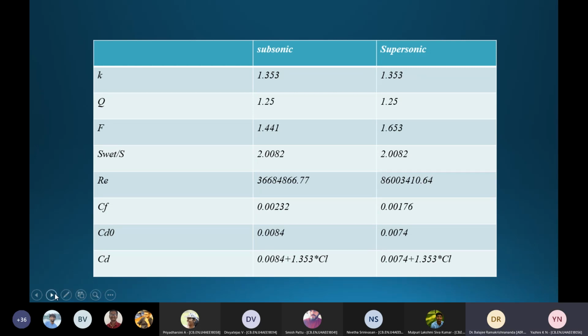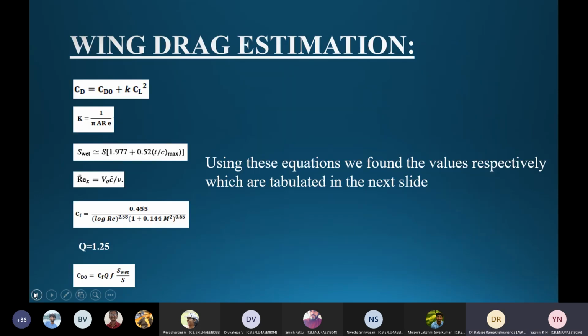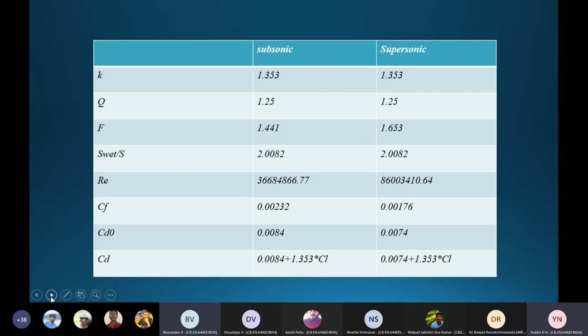0.0084 plus 1.353. What is 1.353? K is so high here. Star CL squared. Just check your value of K. How did you find K? With this formula. The formula doesn't give you the correct K. K should not be 1.353. 1 by pi into aspect ratio, which is 2. 0.13.